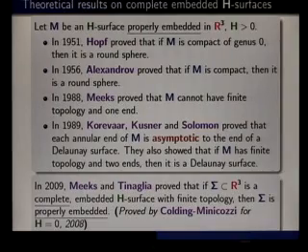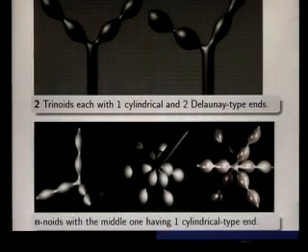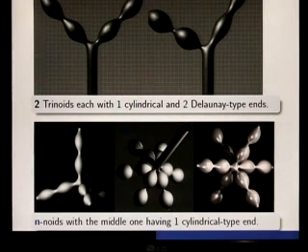All right. Another consequence of this is if you take a finite topology, complete, embedded constant mean curvature surface in R3, its ends are asymptotic to Delaunay ends. So here are some interesting pictures. Those ends can have cylindrical ends and non-cylindrical ends.